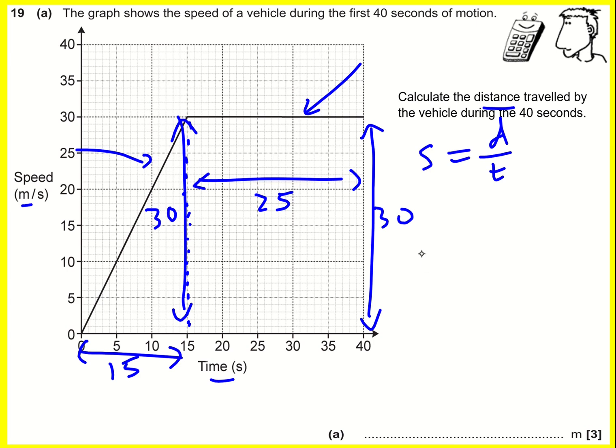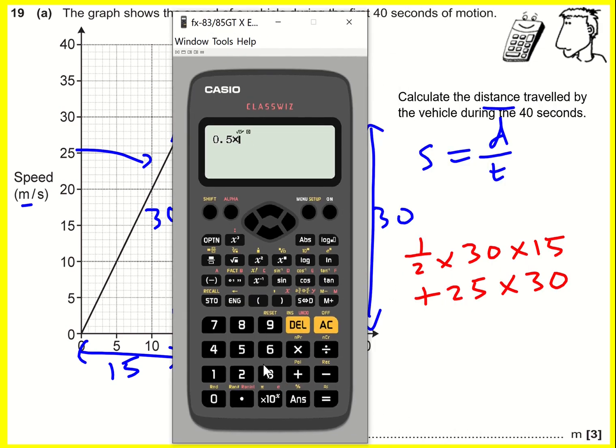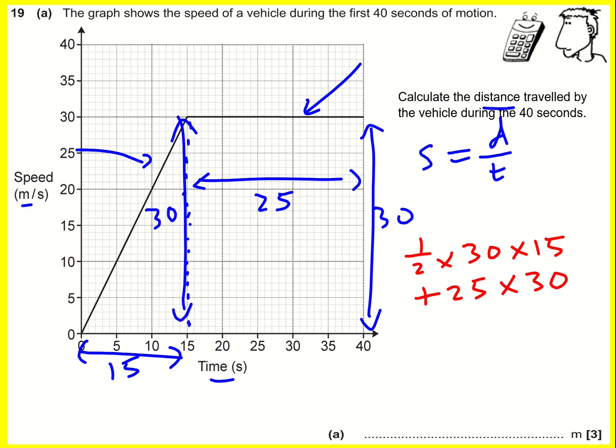So we can do a half times 30 times 15 plus 25 times 30. Alrighty, 975 meters.